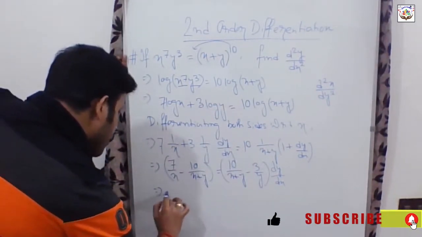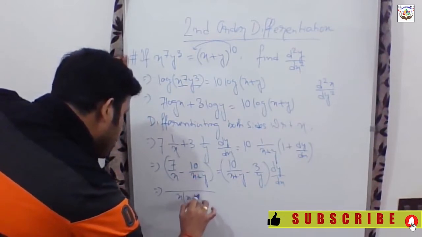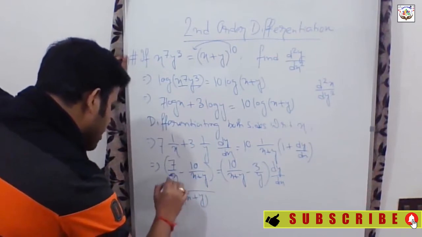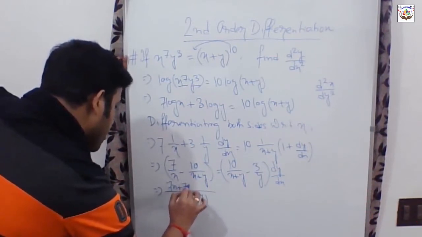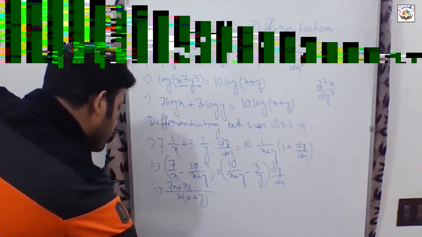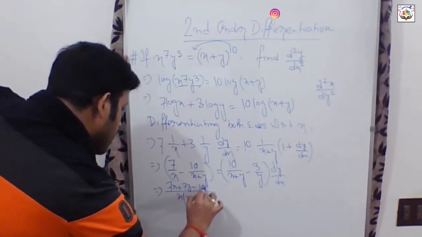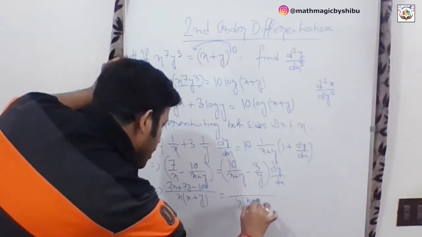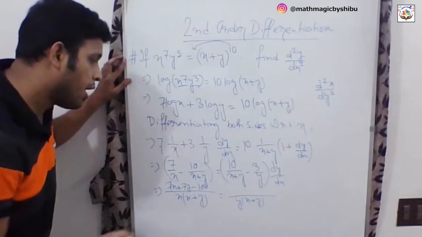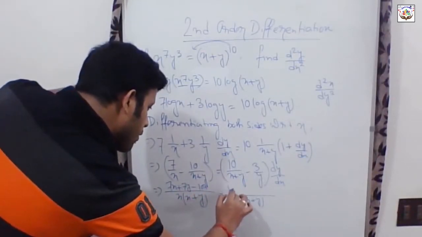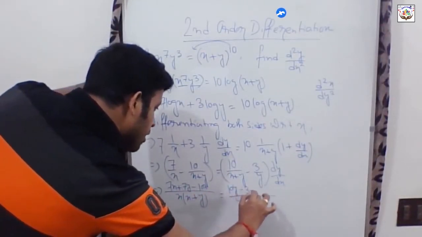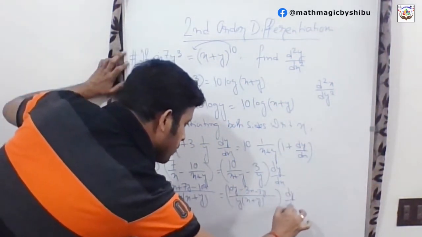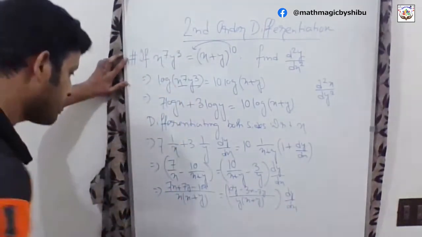Now do the LCM. It will be x into x plus y. So we will be getting 7x plus 7y minus 10x. And we will be getting again y into x plus y, right? And 10y minus 3x minus 3y into dy dx. Okay.